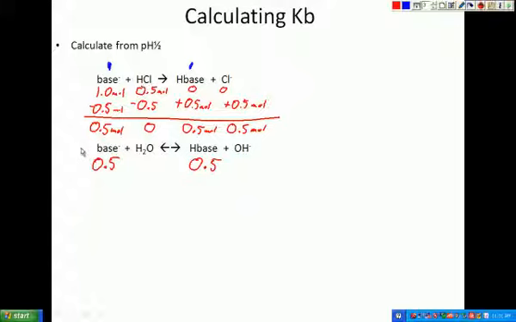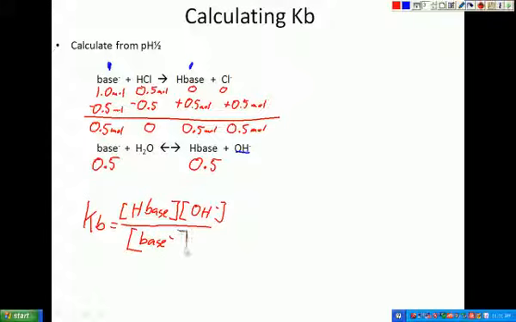But what we can do is we can take this equilibrium equation and make a Kb formula. We have to make a Kb formula because we are making OH. So Kb, as usual, is products over reactants, or in other words, H base times OH minus divided by base minus. Okay.